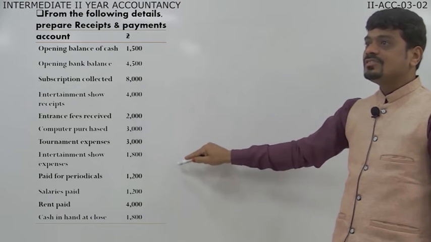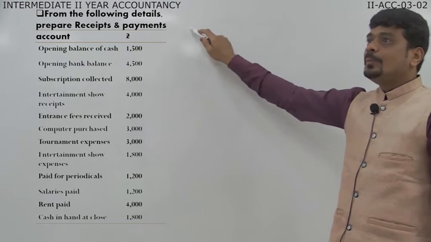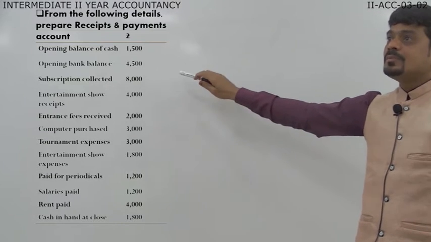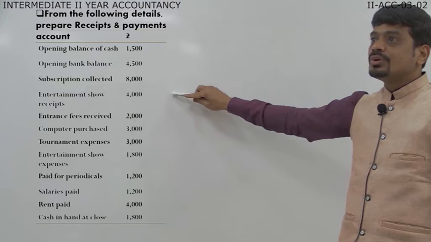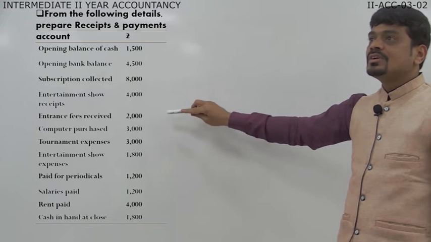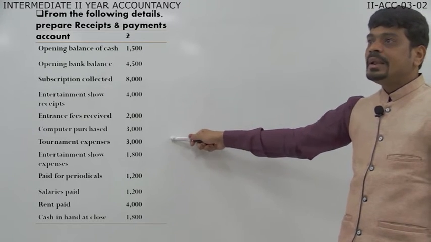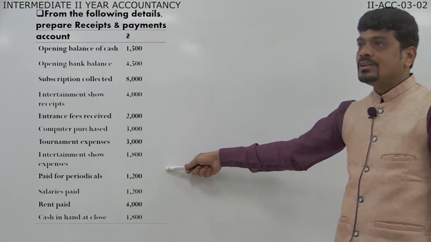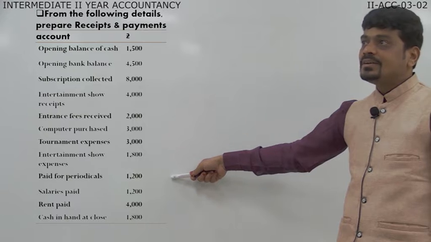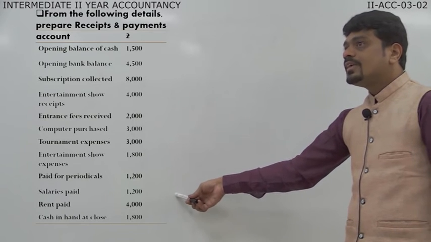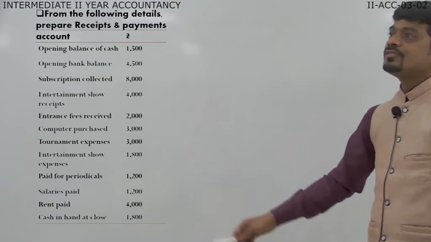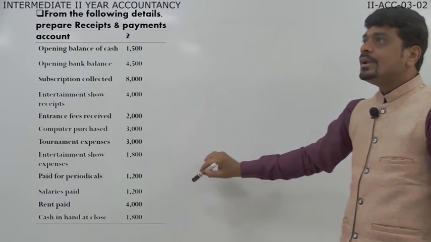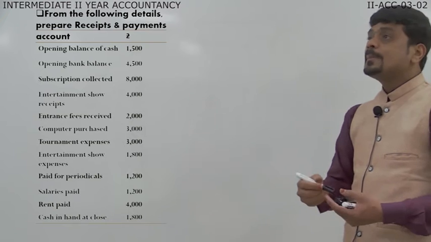A few transactions are given here: opening balance of cash, opening balance of bank, subscription collected, entertainment show receipt, entrance fee received, computer purchased, tournament expense, entertainment show expense, paid for periodicals, salaries paid, rent paid, and closing balance of cash. These are the transactions given to us, and now we are supposed to prepare receipts and payments account.